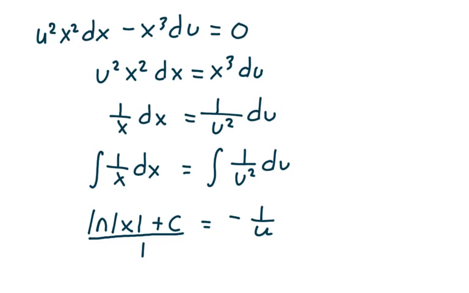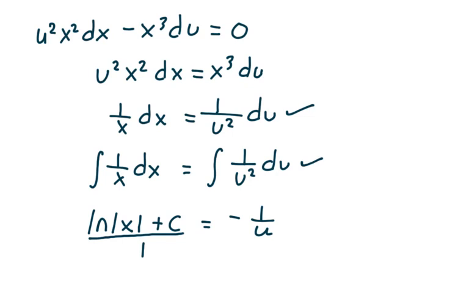So I want the term that involves dx on one side and the term that involves du on the other side. And that's where we're getting u squared x squared dx is equal to x cubed du. And rewriting, we get 1 over x dx is equal to 1 over u squared du. Integrating both sides, we get the integral of 1 over x dx is equal to the integral of 1 over u squared du.